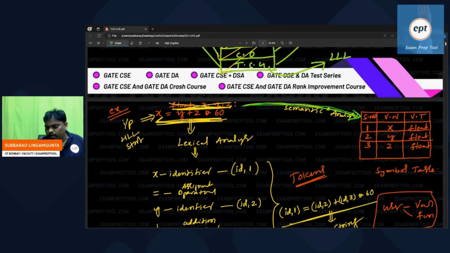So now see what happened. Let us assume the declaration is not there. If the declaration is not there, the symbol table is empty.